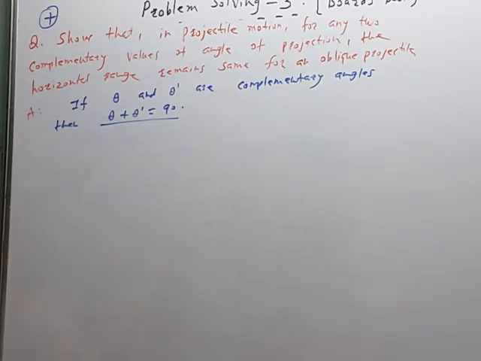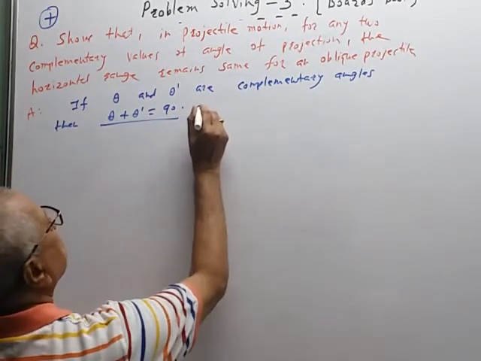This is the definition of complementary angle. If the sum of the two angles is 90 degrees, then they are called complementary angles of each other. So theta dash is equal to 90 minus theta.